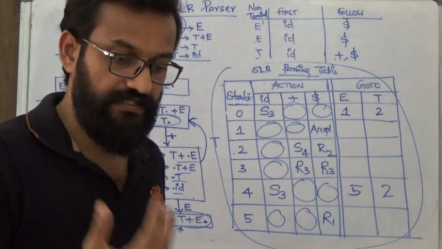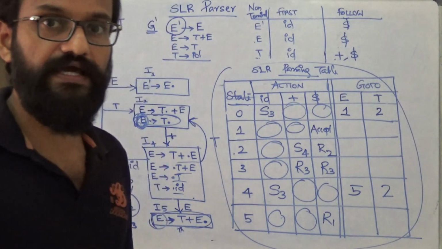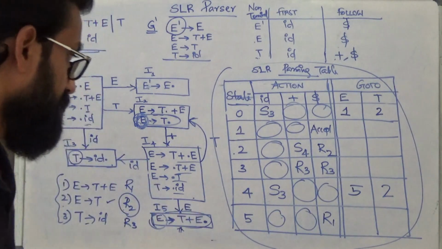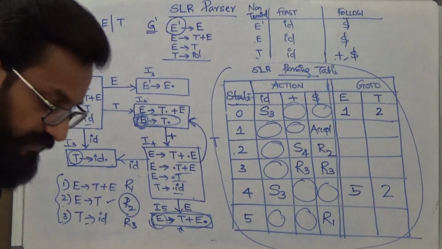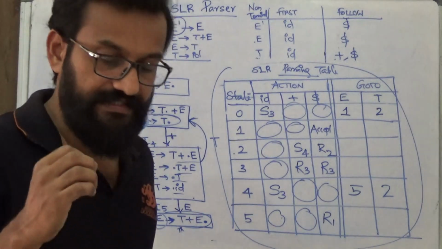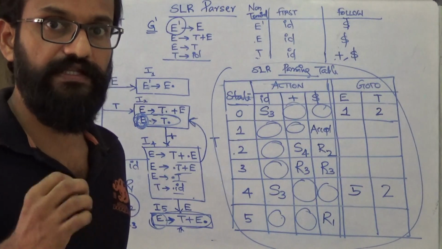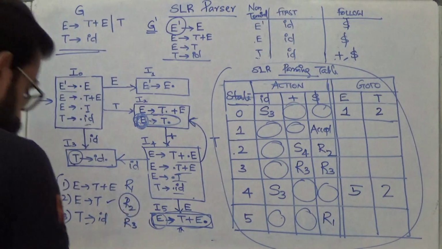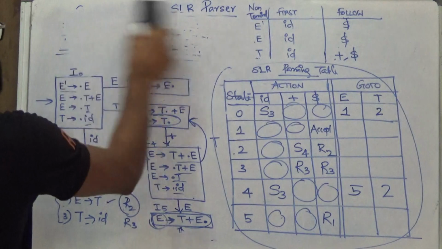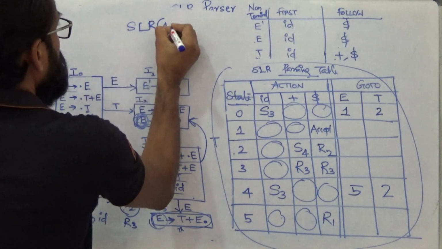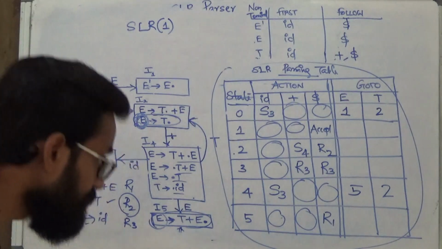So if we end up with such a conflict, then you can conclude that the grammar is not SLR1 grammar. So if we can construct SLR parsing table with unique entries, then you can call that grammar SLR1 grammar.